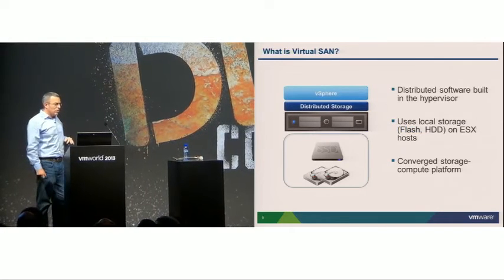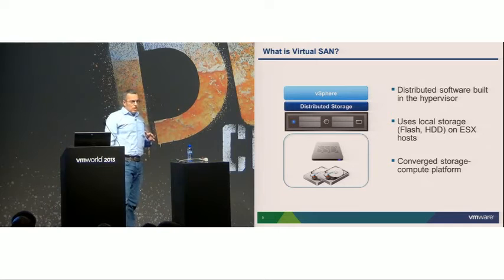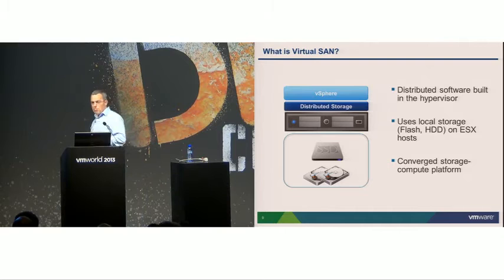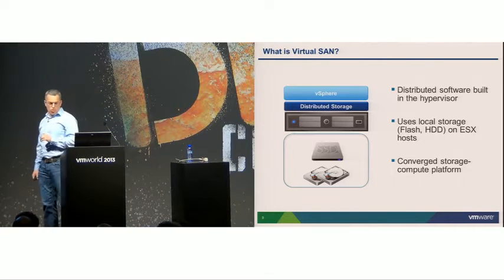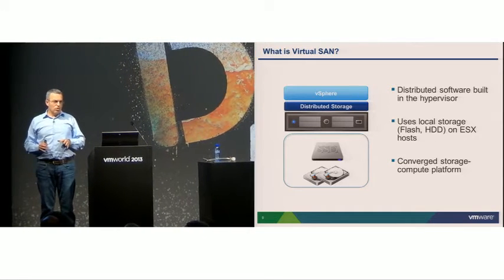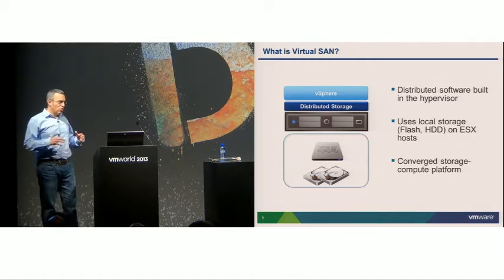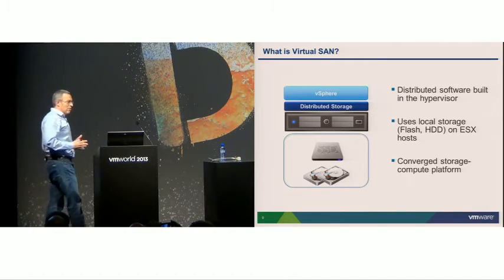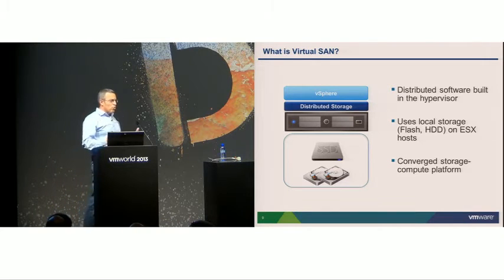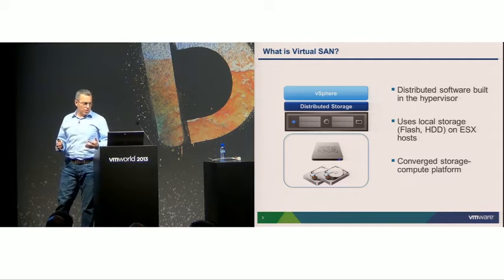I will start with giving the basic architectural principles behind vSAN. This is a distributed layer of software that runs as part of the hypervisor on every ESX host. It aggregates the local or direct attached storage, both flash, PCIe and SSD, as well as magnetic disks, and makes all that storage, as Vijay said, appear like a shared pool of storage, shared across all the ESX hosts.